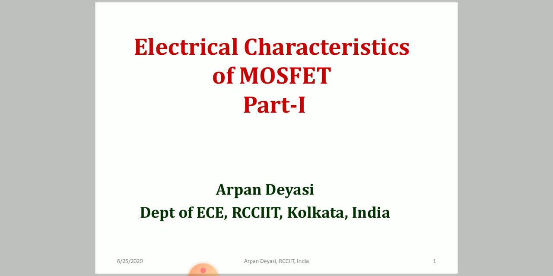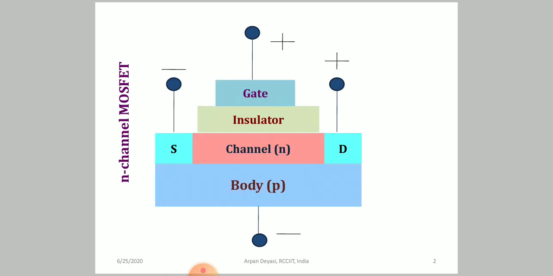I have said that the formation of the inversion condition is extremely useful. It's required. And the structural composition of the n-channel MOSFET, I am showing here with p-type body, n-channel, gate and insulator. Even if body and channel are not mentioned, if you find that drain is positive, source is negative, and gate is positive, naturally it will be an n-channel MOSFET. Very simple.